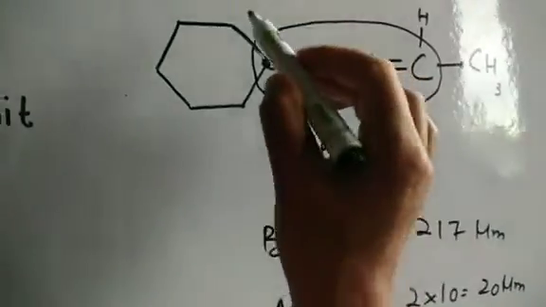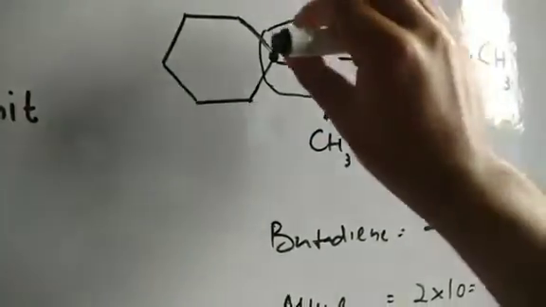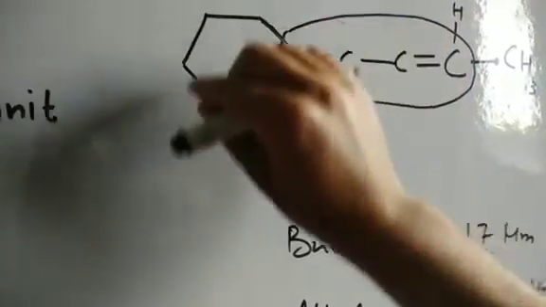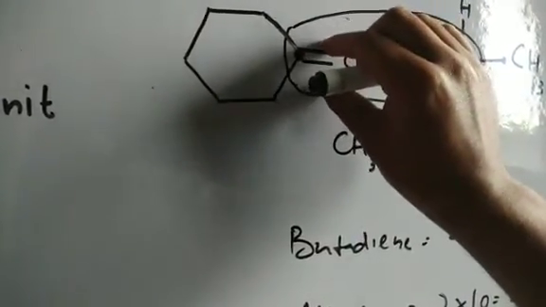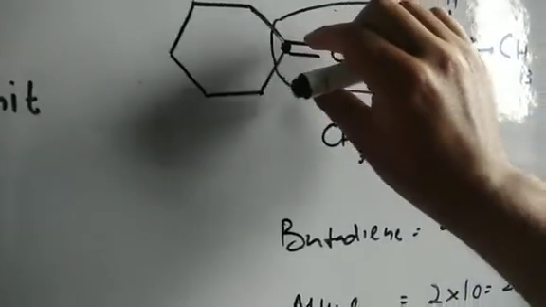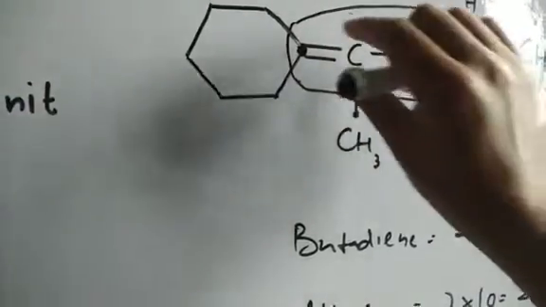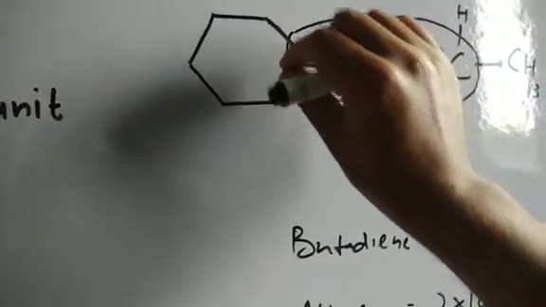Now look, this ring, this double bond is exocyclic to this ring. So now we have one exocyclic double bond adjacent to the ring. Even though it is from butadiene, this double bond is exocyclic to this ring.